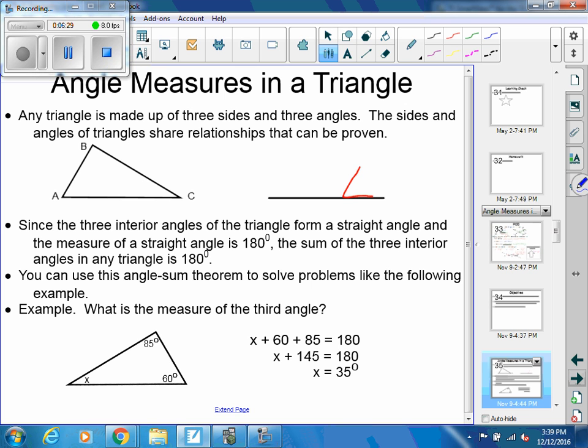Okay, then I'm going to take angle C. I'm just going to trace a little bit of angle C. I'm going to take that angle, and I'm going to put the vertex next to the one for angle A and put it there.